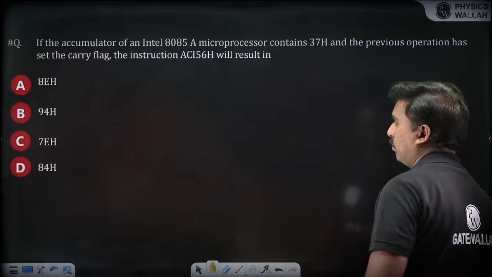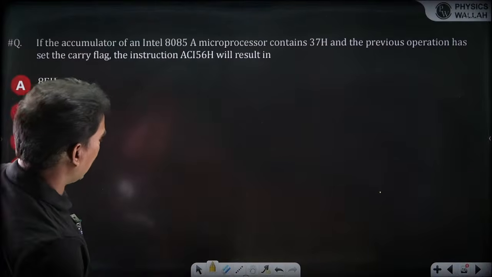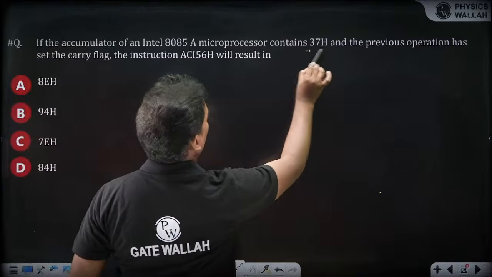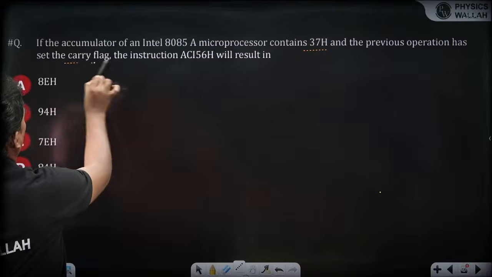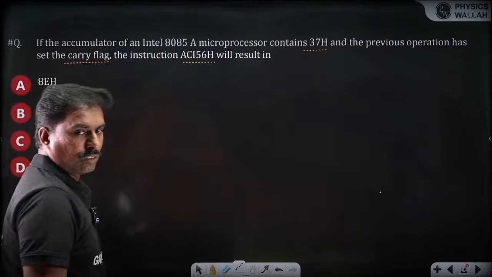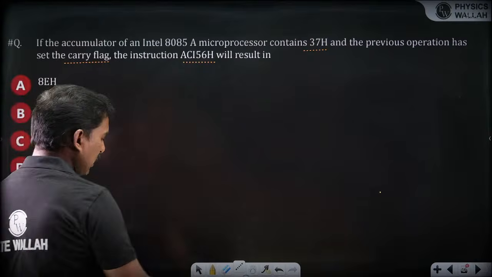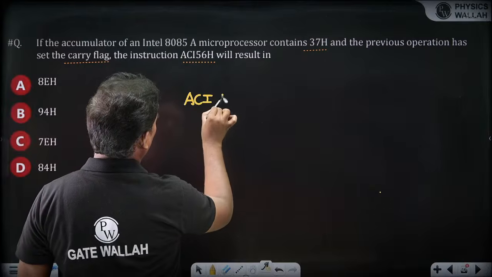Answer this question. If the accumulator of Intel 8085 microprocessor contains 37H, and the previous operation has set the carry flag, then the instruction ACI 56H will result in dash. So if you see that instruction, this is ACI 56.